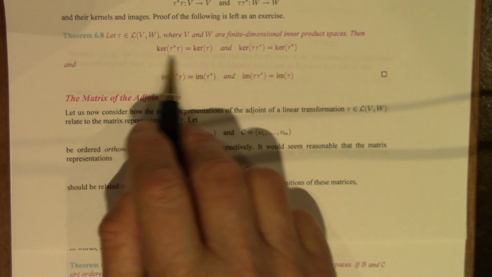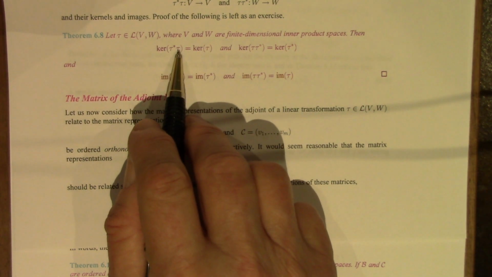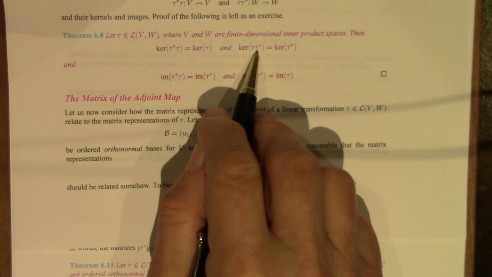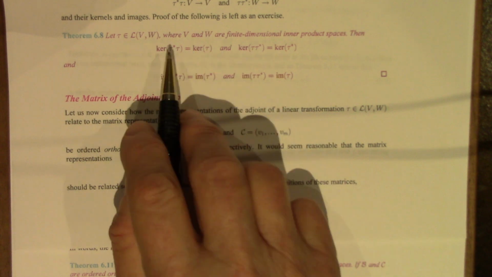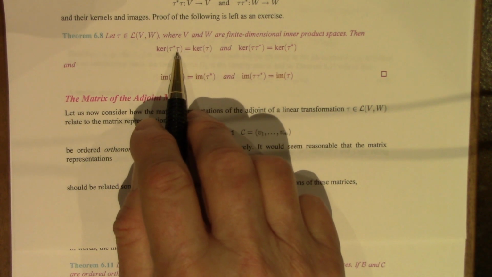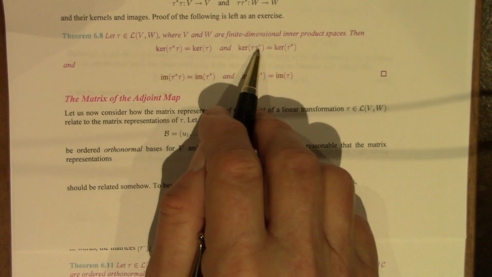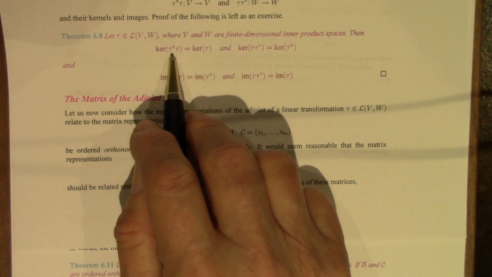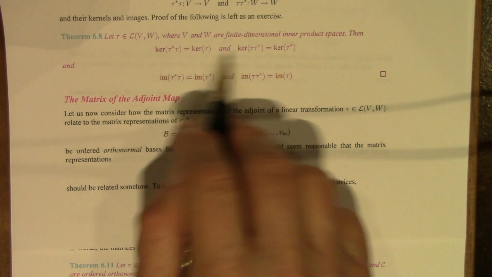For the kernels, just keep the rightmost operator. Whatever is sent to 0 by this operator tau here, or tau star, is the same as whatever is sent to 0 by the whole thing.